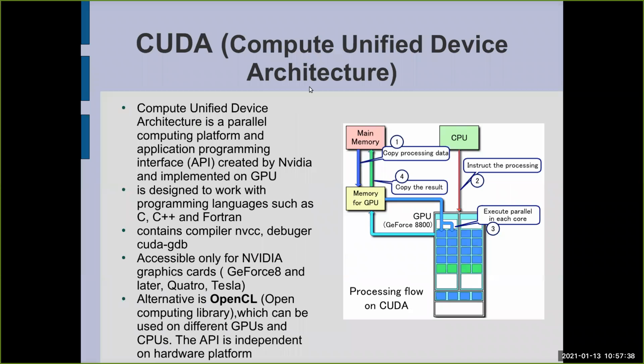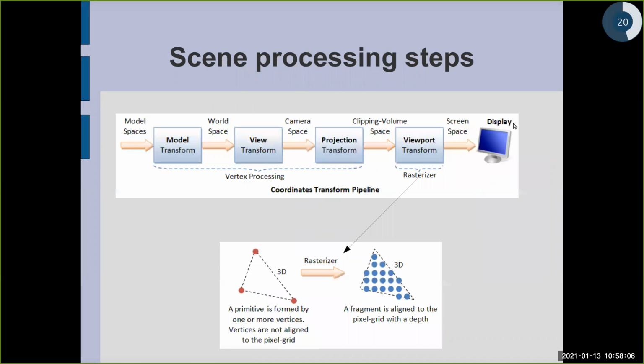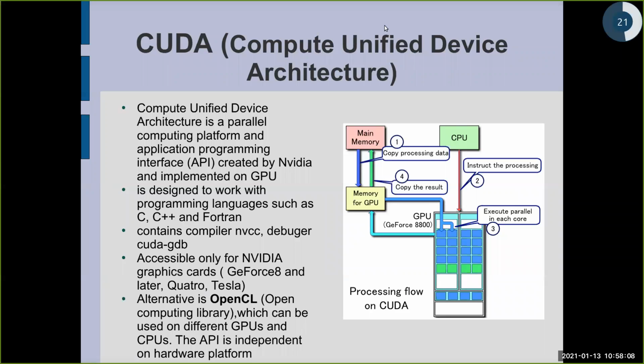As I told you, if we have powerful GPUs, so GPU with many processing units, many cores, we can create programs which are directly run on GPU. So of course, if we create a three-dimensional scene, it is also executed on GPU using GPU pipeline, but we can create our own dedicated software.